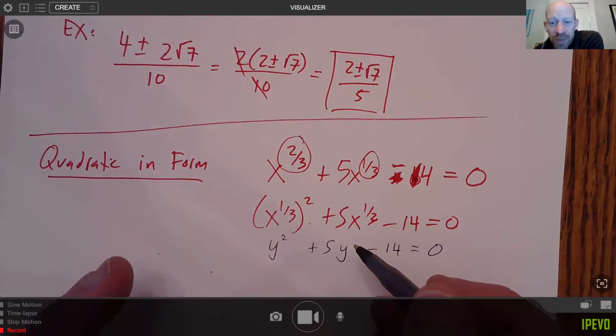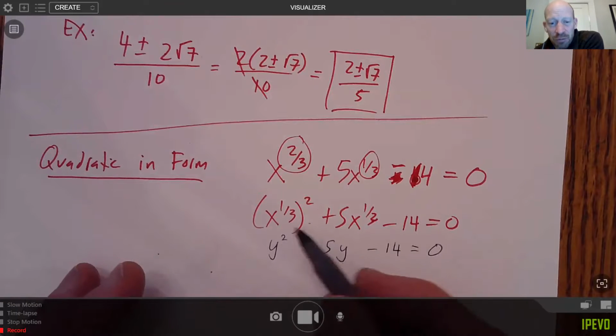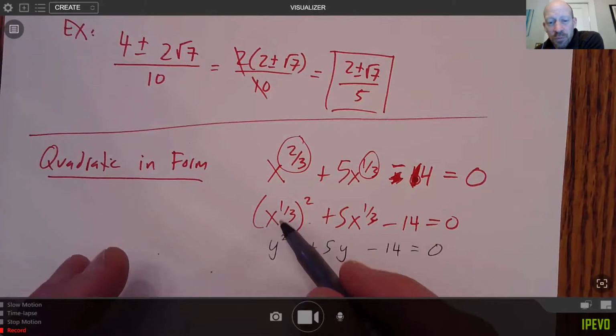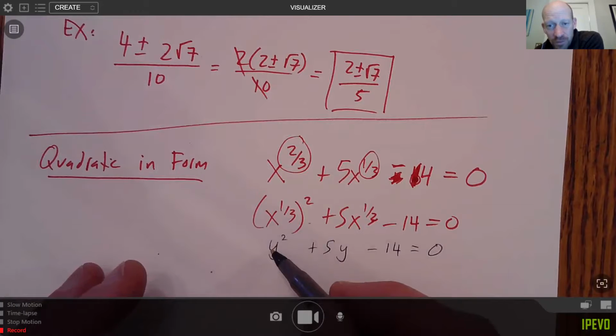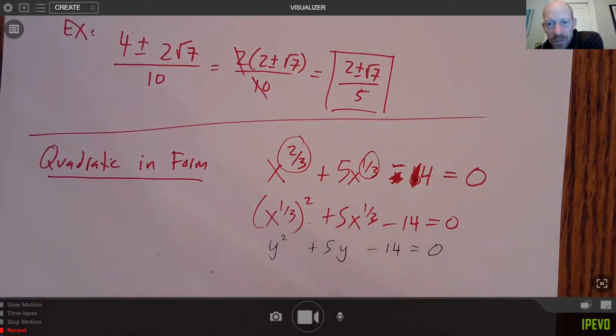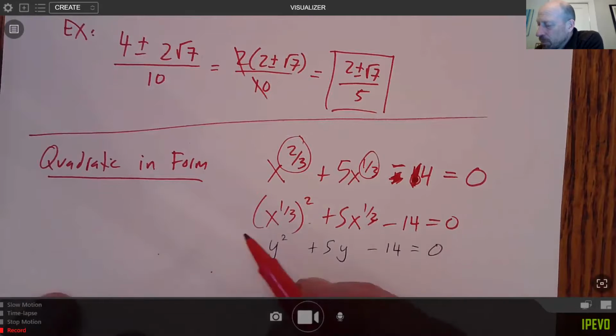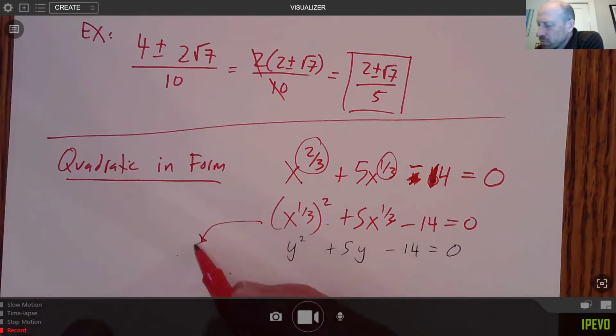One thing you can do is make the substitution and replace the x to the 1/3 with a y, and then solve it in terms of y. And that's, I think, often the way the book does these problems. But you can also just do it by keeping track of the x to the 1/3.